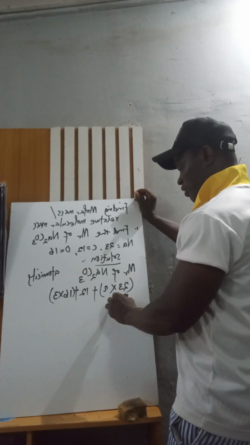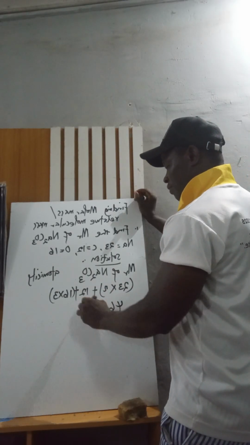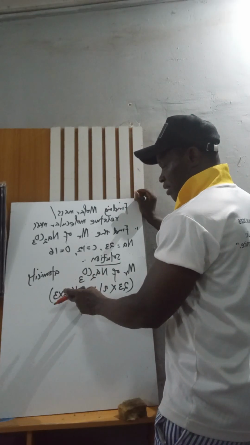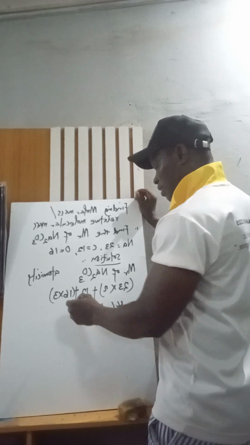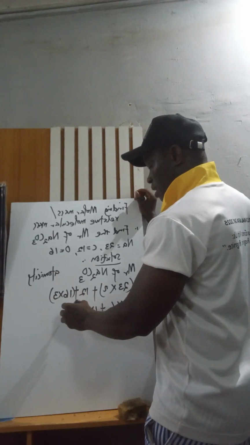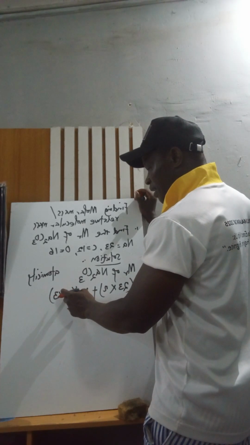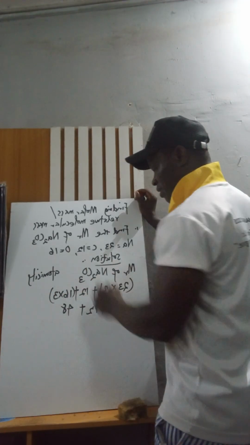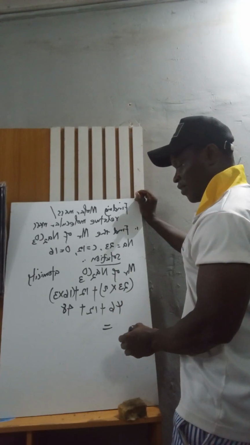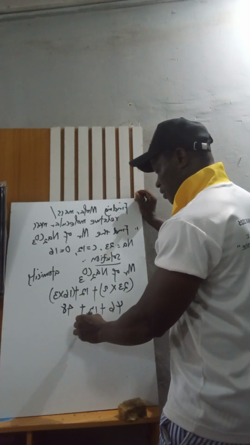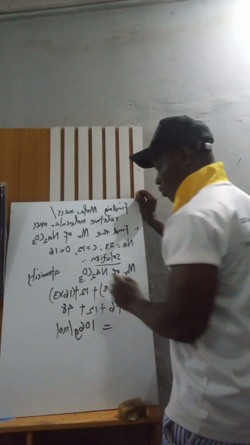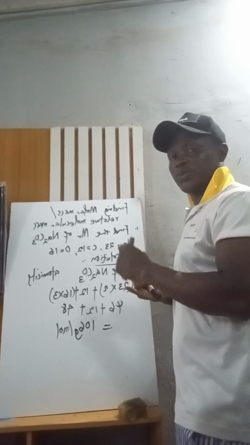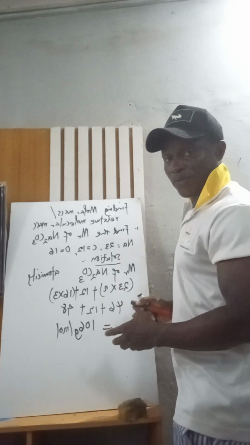This one is 46 plus 12 plus 16 times 3. 16 times 3 is 48. Now, if you add up everything, that should give you 106 gram per mole. So that's the molar mass of the compound. The molar mass of the compound is 106.